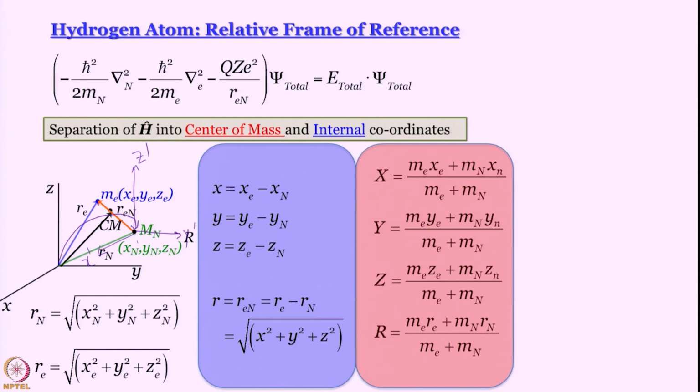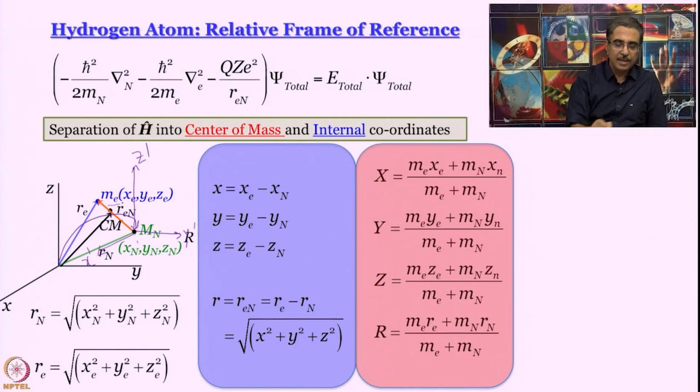Now see, what will be the x coordinate of the electron? Xe minus xn in this new frame of reference, which I have written as x dash, y dash, z dash. Y is going to be ye minus yn, z is going to be ze minus zn. It is as simple as that. Now it is very simple to see what your R is. What is R? R is the position vector of the electron in this new coordinate system that I have built, right, because this is the new origin and this is the point.